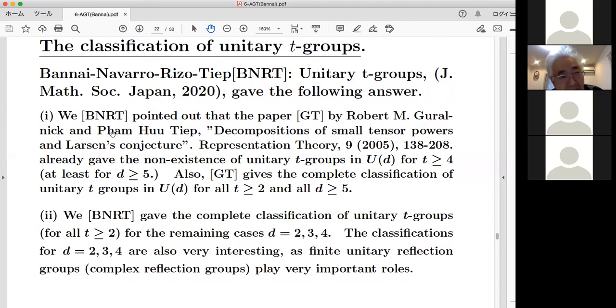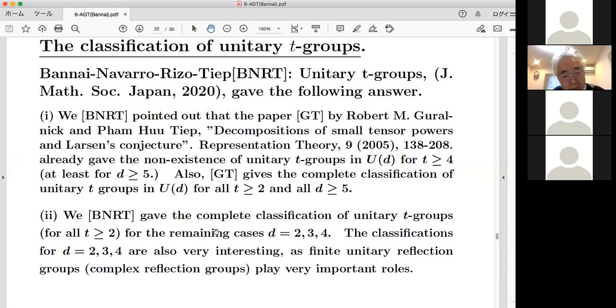But our paper, as mentioned here, gave the complete classification of unitary T groups, finishing the remaining cases D equal to 2, 3, and 4. And for these remaining cases of dimension 2, 3, 4, the classification is also very interesting, as finite so-called unitary reflection groups, complex reflection groups, appear there in a very crucial way.